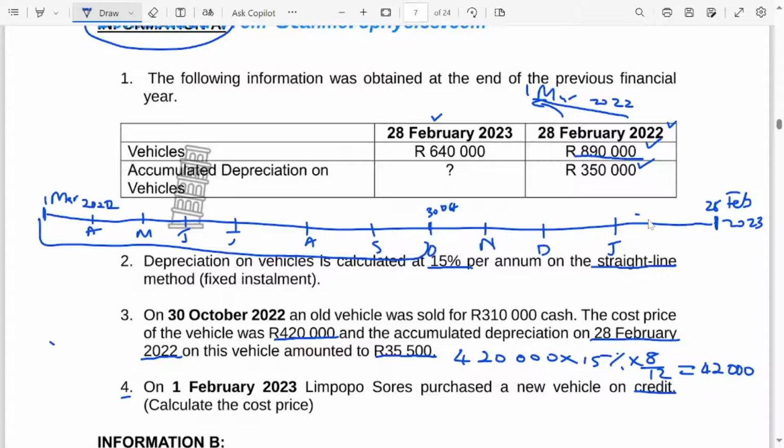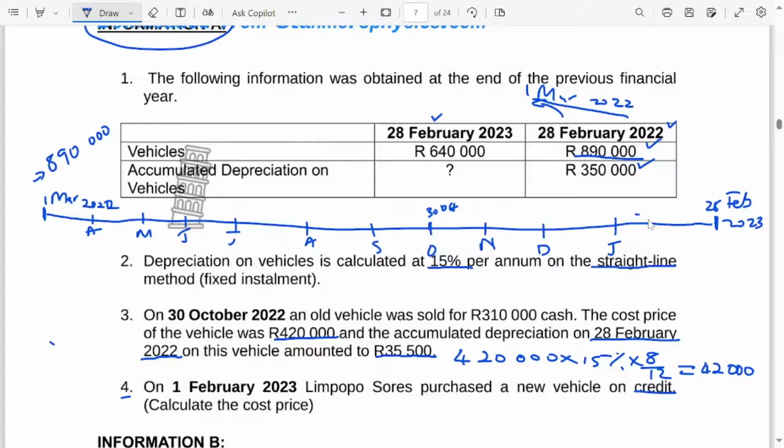Okay? So before we go there, let's come and calculate the depreciation for the asset that stayed for the whole 12 months. Now let's come here. At the beginning of the year, the vehicles, they were 890,000. And then on 30 October 2022, they decreased by 420,000.